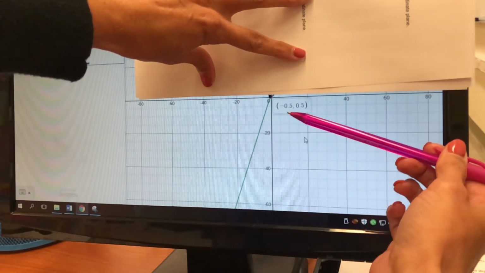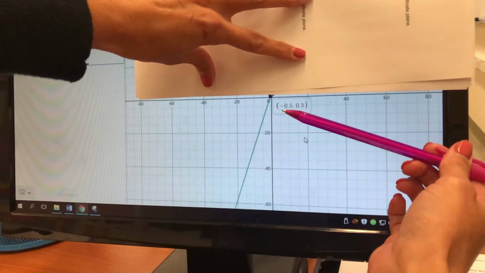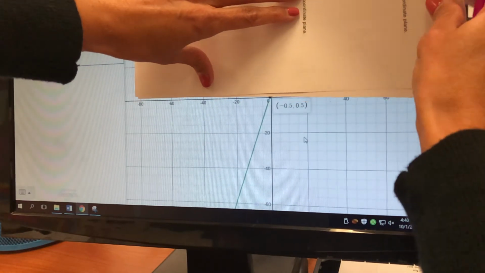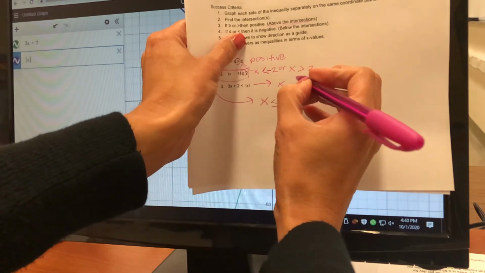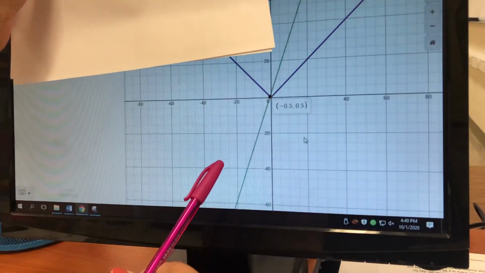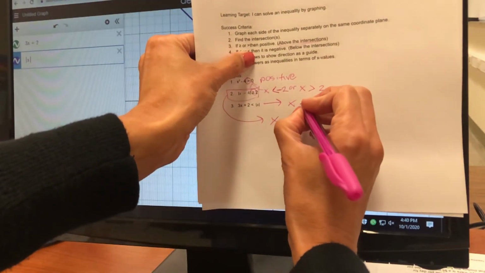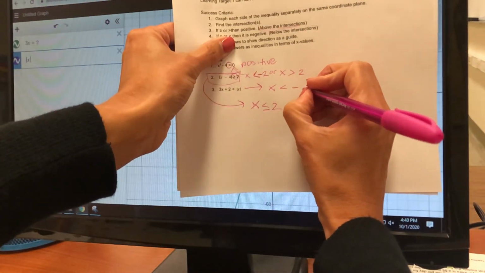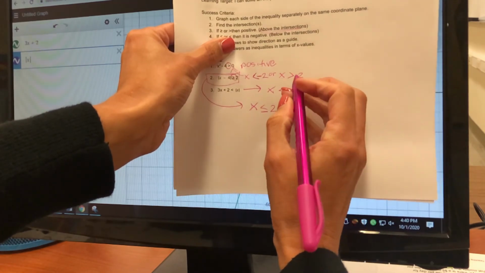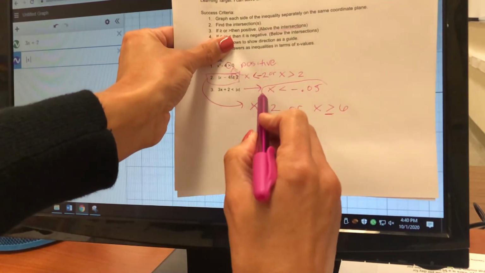So negative infinity to negative 0.5, so x is getting smaller. That's x less than negative 0.5, and that's the answer for number 3.